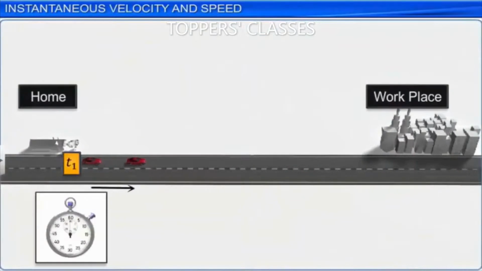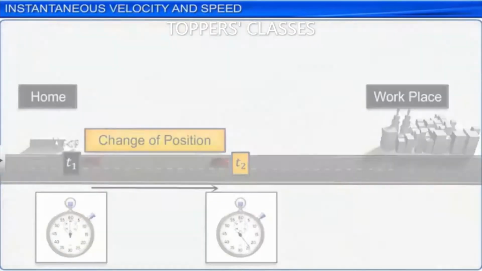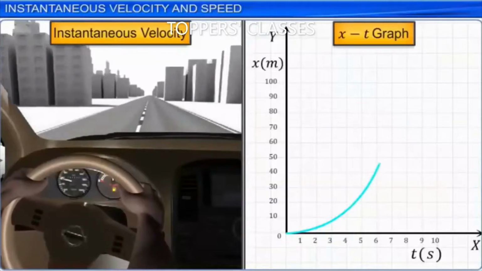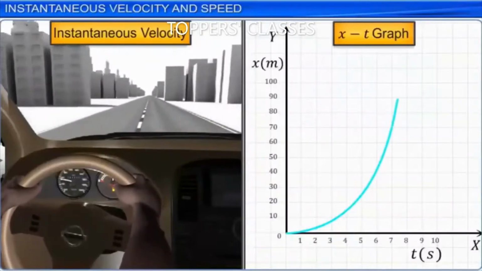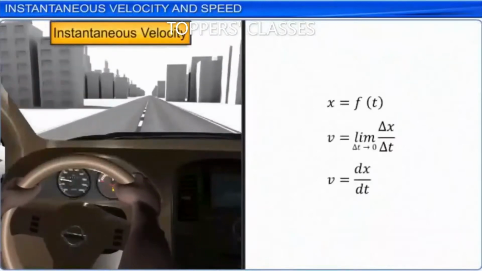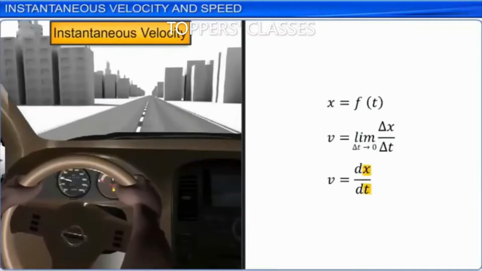It represents the rate of change of position with respect to time at that instant of time. We can obtain the value of instantaneous velocity either from the x-t graph or numerically using differential calculus if the relation between x and t is known for the motion.